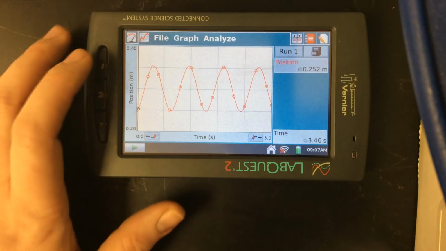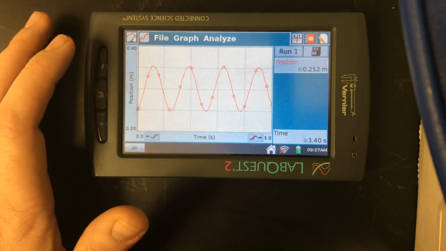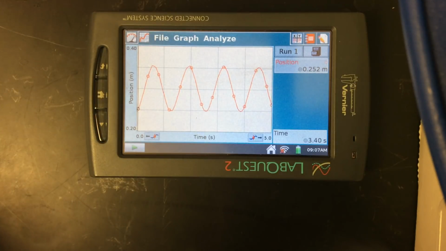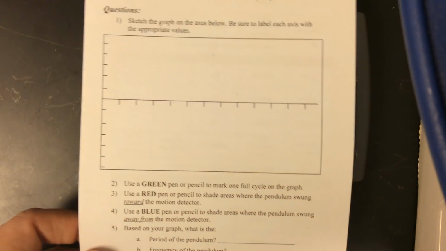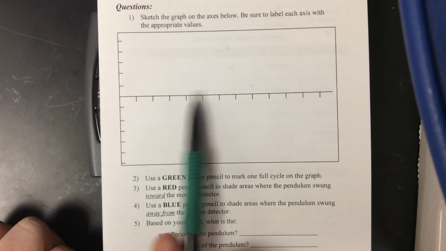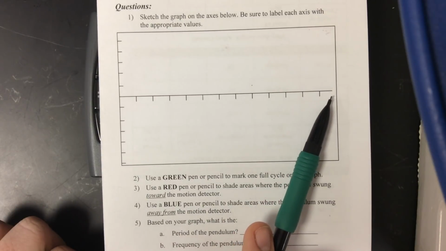So let's start with, okay, what do I do now? I'm only going to get maybe the first 2 seconds of this, okay? And so I'm going to come back here, and I'm going to say that I want my graph to go from 0 to about 2 seconds.